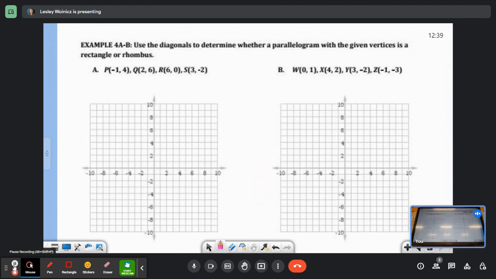Okay, so now we have to use our diagonals to determine whether a parallelogram with the given vertices is a rectangle or a rhombus. What do we know about the diagonals of a rectangle compared to the diagonals of a rhombus? Use your blue sheet.